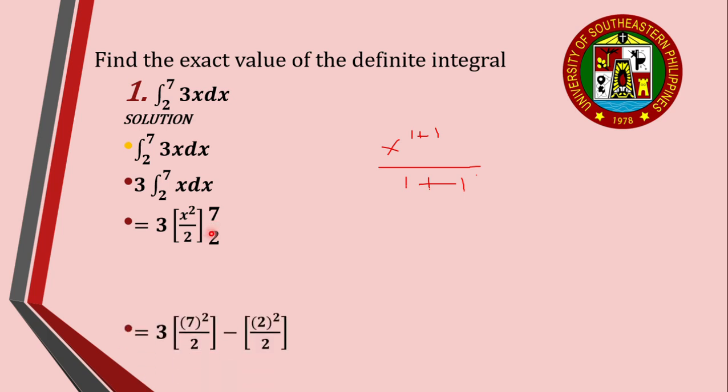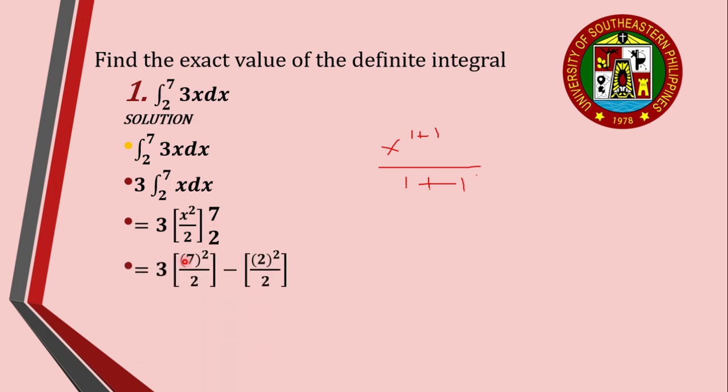Let's look at it now to understand better. So we have 7 squared equals 49 halves, minus the lower bound that we substitute, which is 2 squared over 2. 2 squared halves is equal to 4 halves.